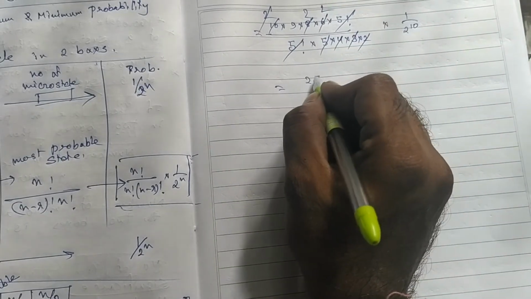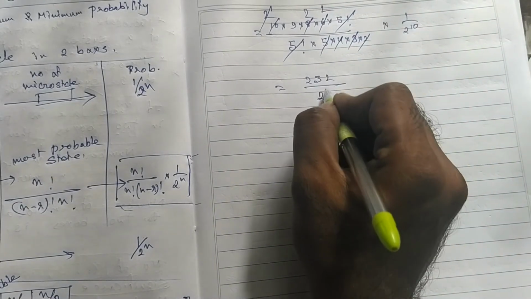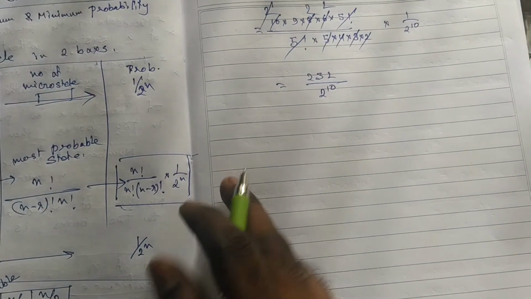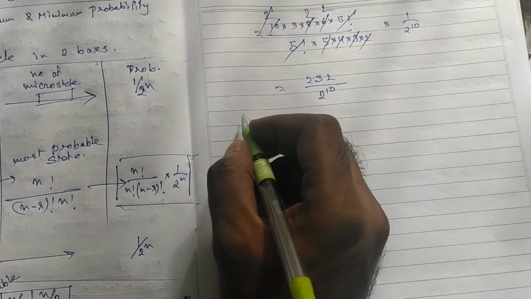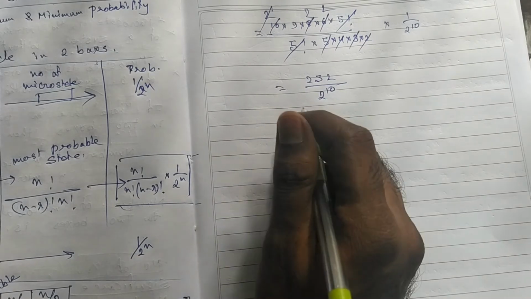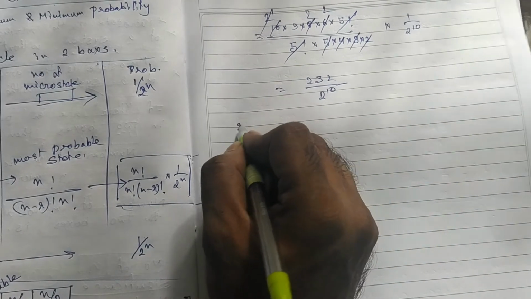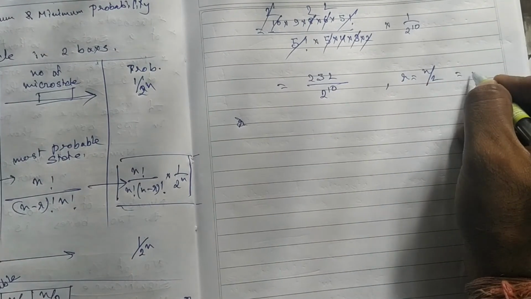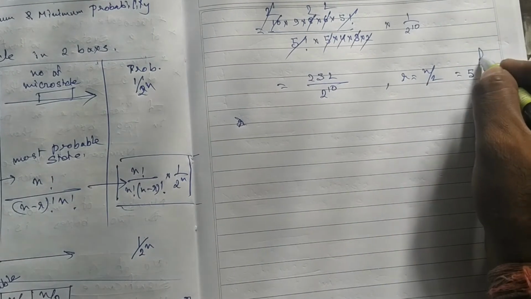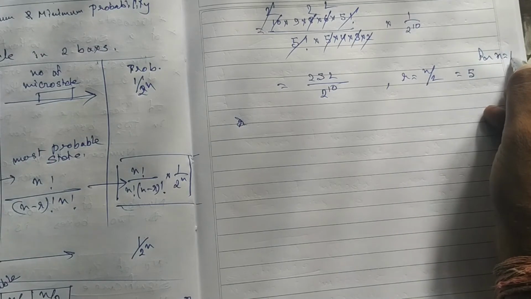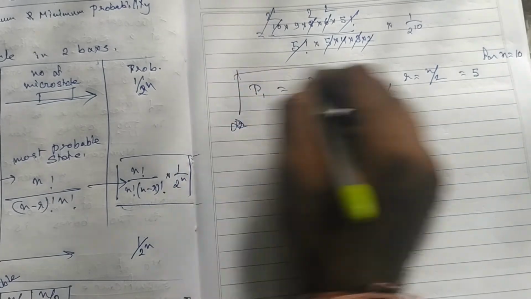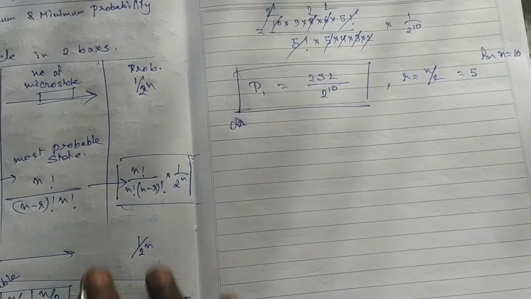We get 252 by 2 to the power 10. This is the case when r is equal to n by 2, that means r is equal to 5 for n equal to 10. Now this is the probability of the most probable state.